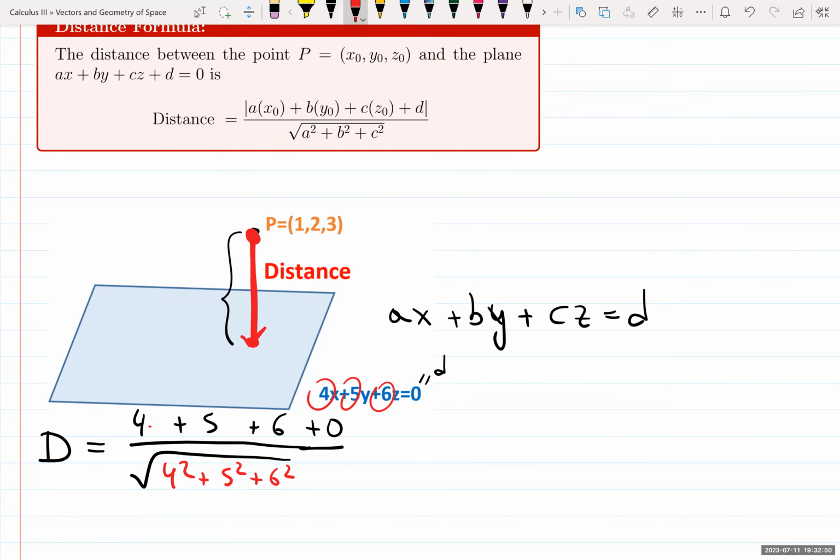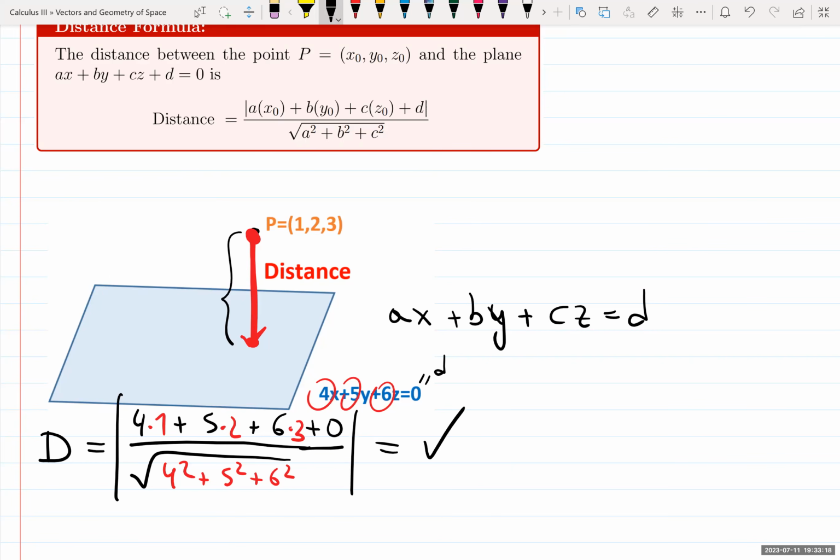But you plug in x, y, z as 1, 2, 3. And then you don't want a negative distance. The square root is not going to give you negative, that's good. But the numerator might give you negative, and I don't want negative 7.3 as a distance. Distance is like how far your house is from work. So I take the absolute value to get a specific number: 4 plus 10 plus whatever.